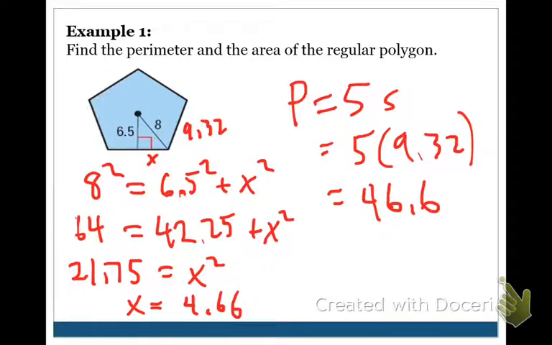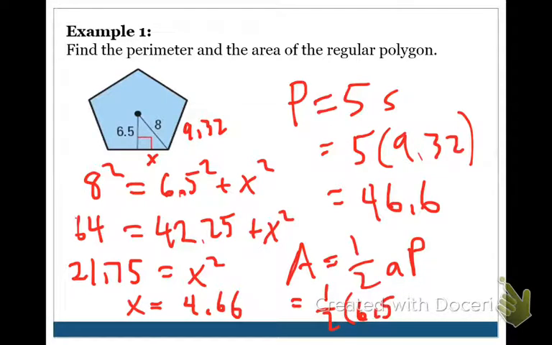So now, since I know the perimeter, I could have used 1/2 ASN because I know the side, the number of sides, and the apothem, but since we found the perimeter, let's just use area equals 1/2 AP. So we plug in 1/2. The apothem is 6.5, and the perimeter is 46.6.